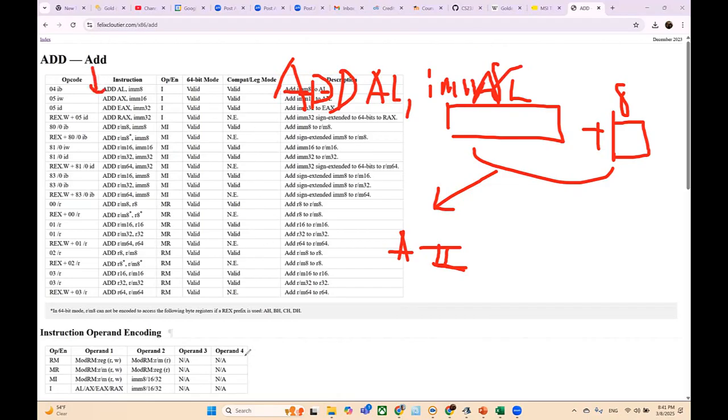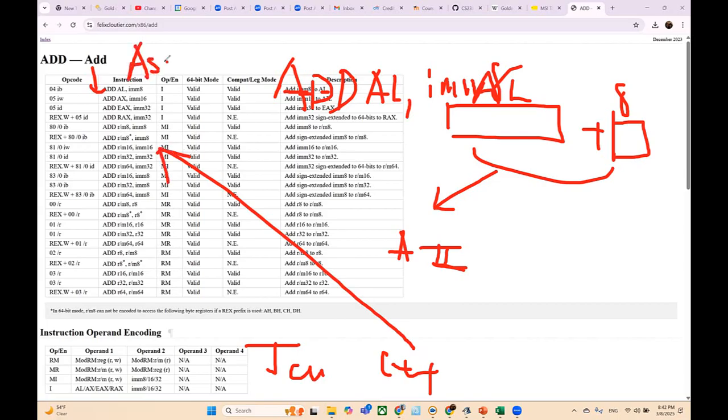When you write in Java or C++, the compiler finally translates to this kind of assembly. This is called assembly code, and it has one-to-one mapping to your machine code. Machine code will be 1101, 1110, whatever binary format, but when you read it, it's in this kind of instruction format.